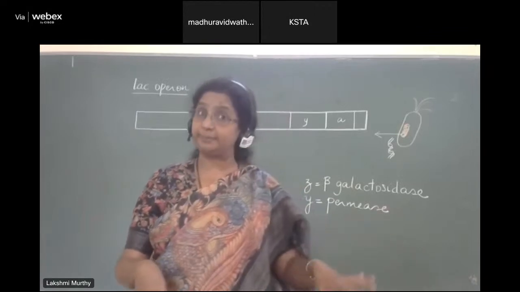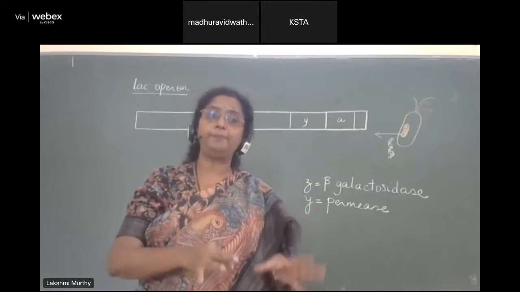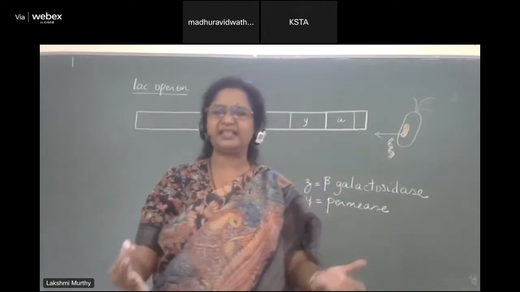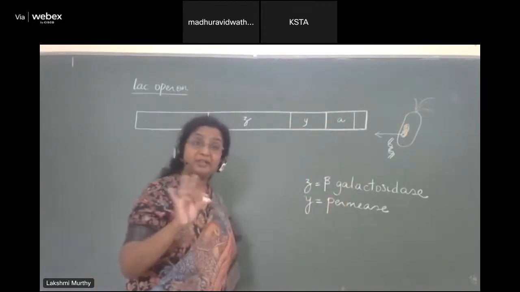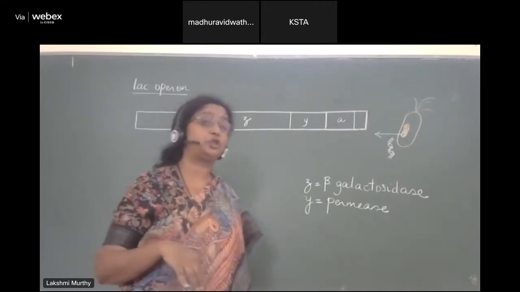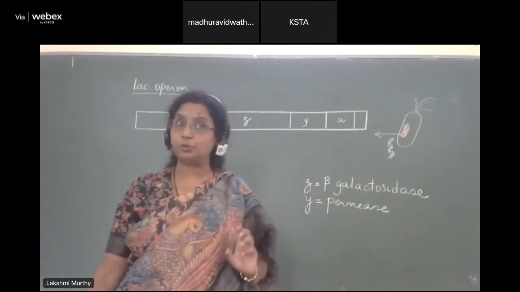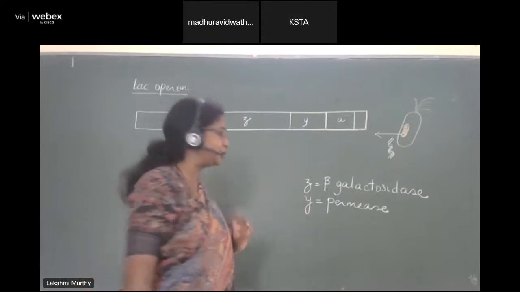When permease is present, you will just be increasing the number of these channels so that a lot of lactose can come in. You can take it as increases permeability towards lactose. Don't say brings about permeability to lactose. It's a very good neat question, where they can say it brings about permeability towards lactose. No, it does not. It increases the permeability towards lactose.